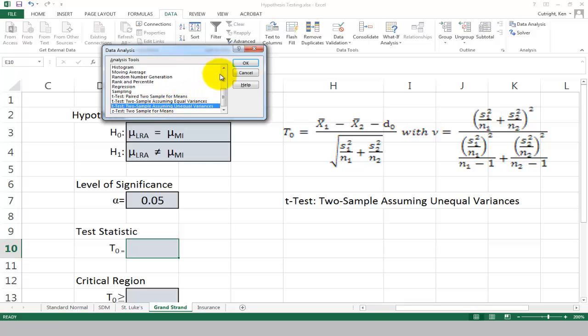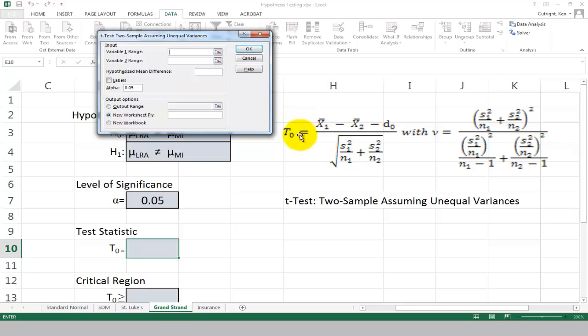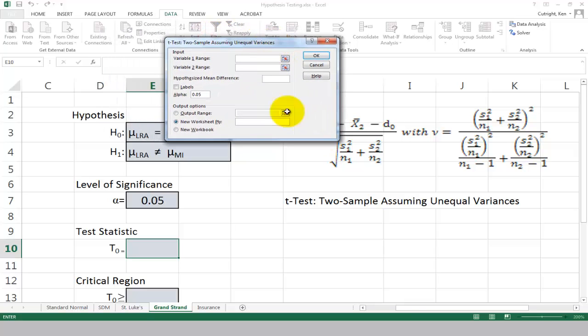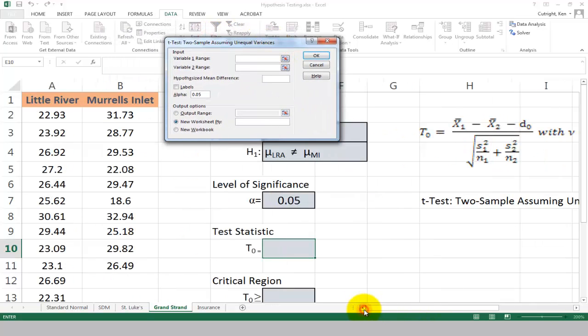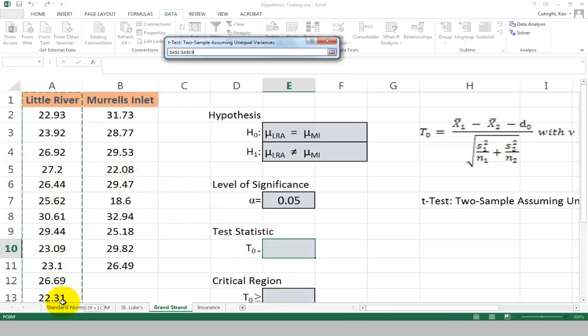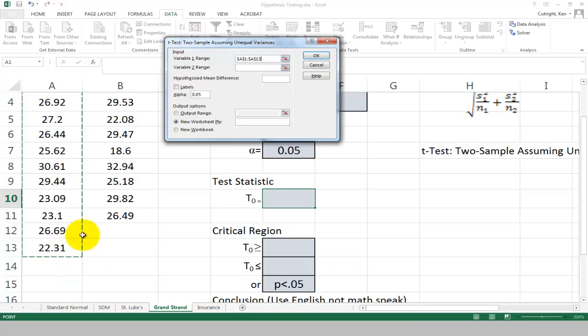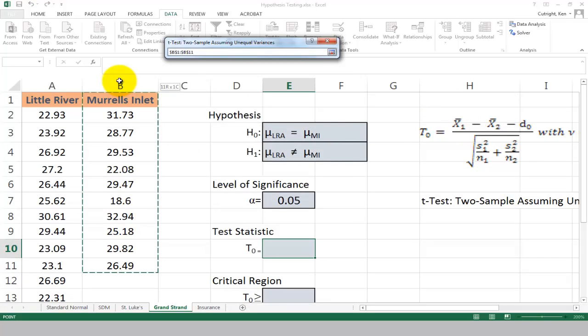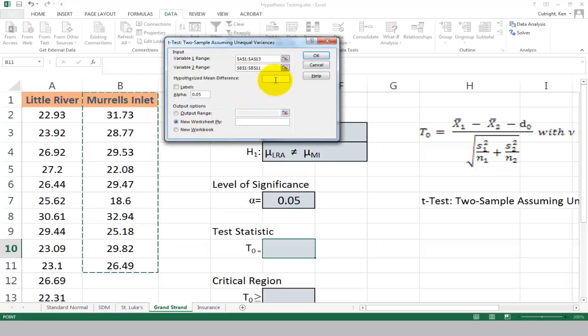So I select that, hit OK, and I start getting my data. Doesn't matter which one you call 1. I'm going to let Little River be 1. And then I'm going to let Murrells Inlet be sample 2. The hypothesized mean difference, as I just discussed a minute ago, is 0.